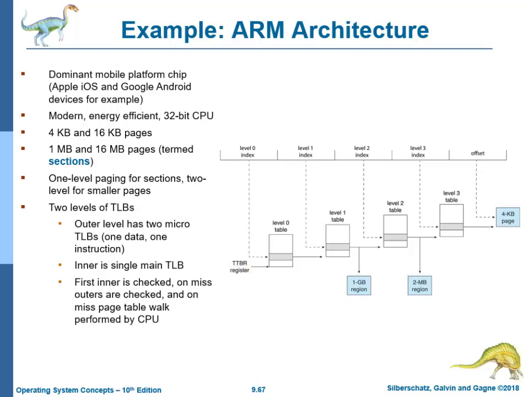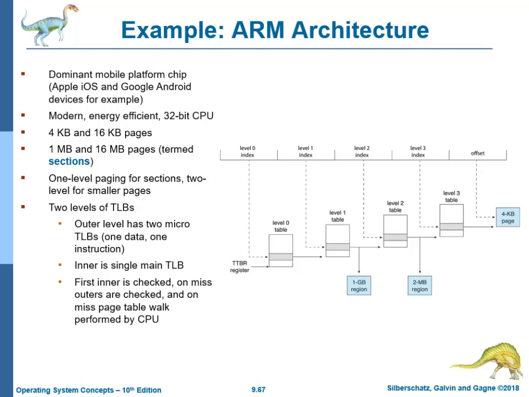The ARM architecture also supports 2 levels of TLBs. At the inner level are 2 micro TLBs, a TLB for data and another for instructions. The micro TLB supports ASID as well. At the outer level is a single main TLB.